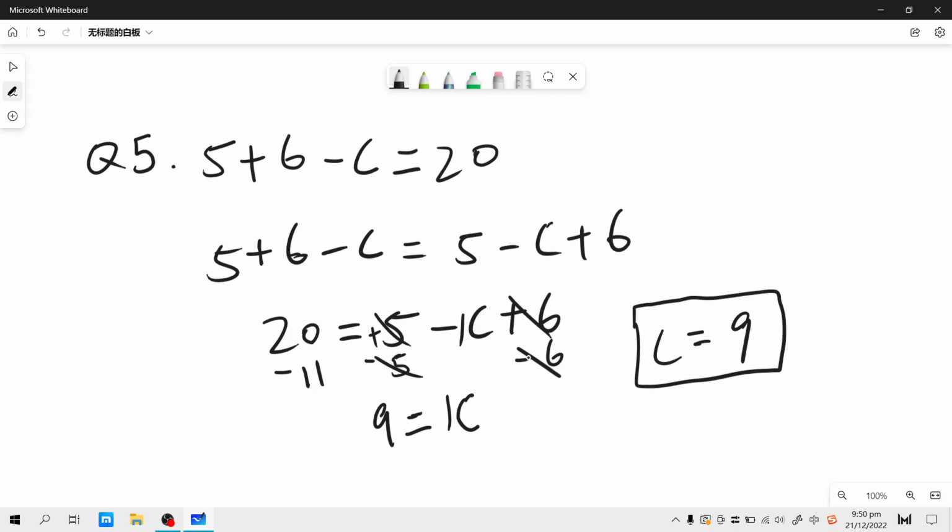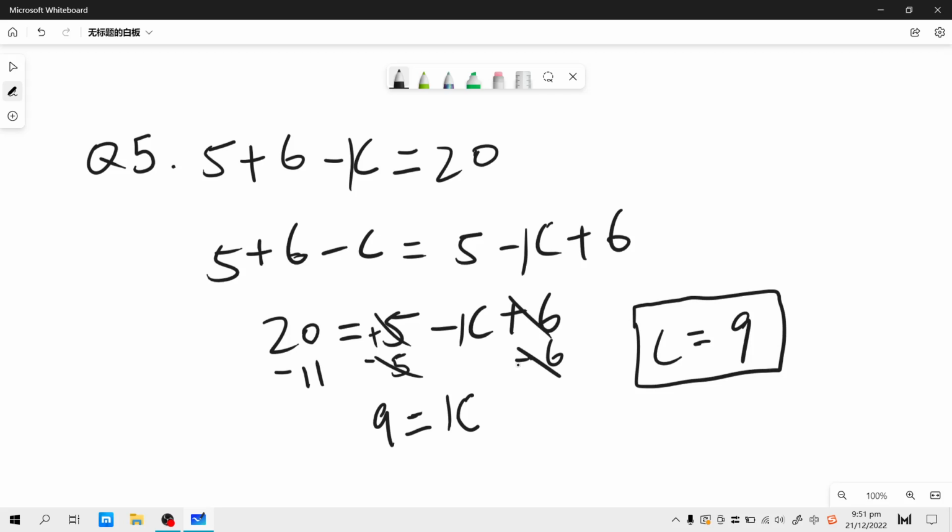If you still don't understand what is happening here, I'll tell you again. 5 plus 6 minus c equals 5 minus c plus 6. So you just cancel these two out, so it becomes 20 equals 5 minus c plus 6. I'll just put all the ones here. You see this positive 5 over here, you can make it 0, so you just minus 5, cancel it out.